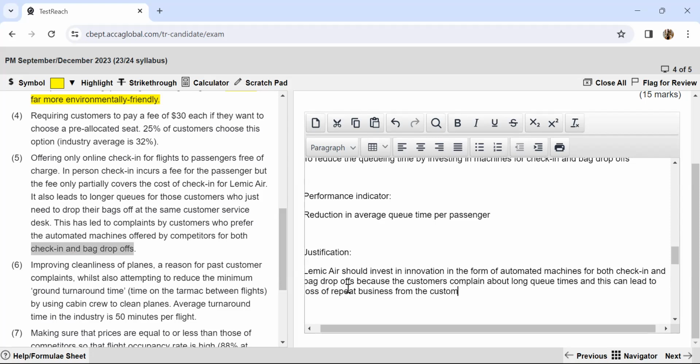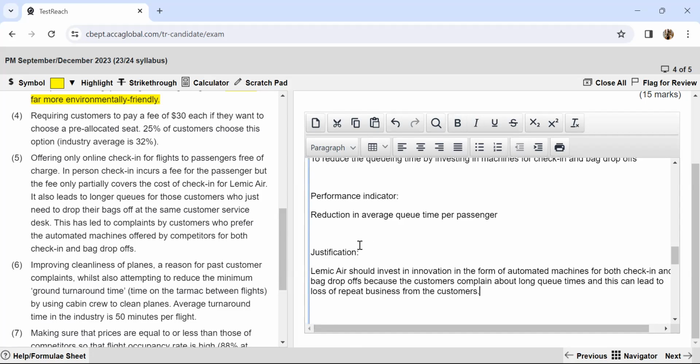That means the people who have already come, they will not come back to Lemic Air. So this is the justification.